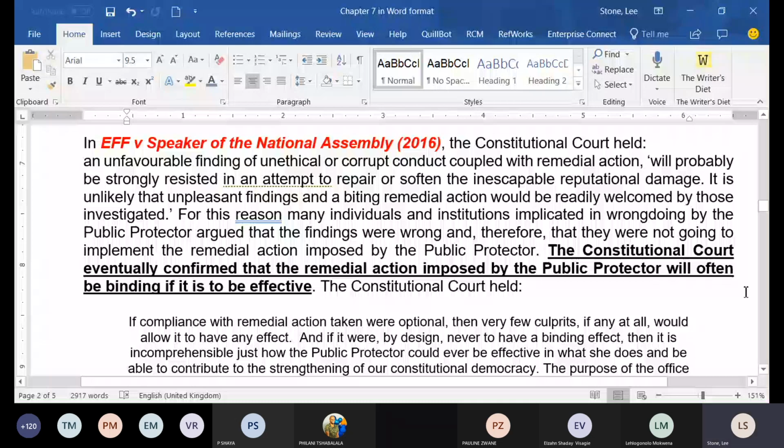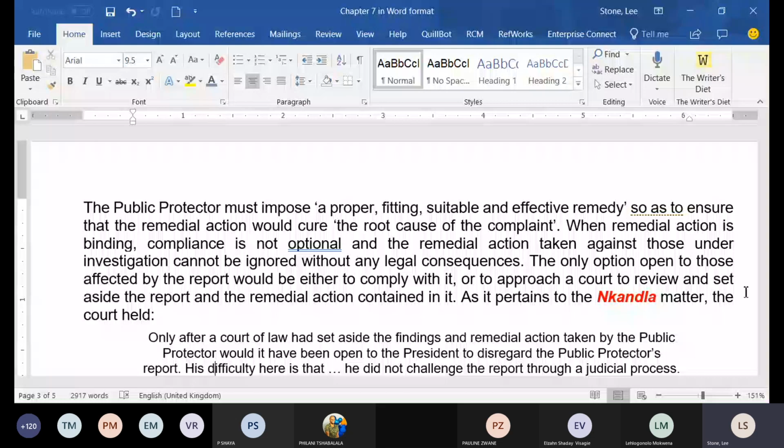In the Nkandla matter, the court was so adamant that the only way to rectify the situation is to do what Thuli Madonsela had advised, which is that the president pay back the amount by which he was enriched at taxpayers' expense.